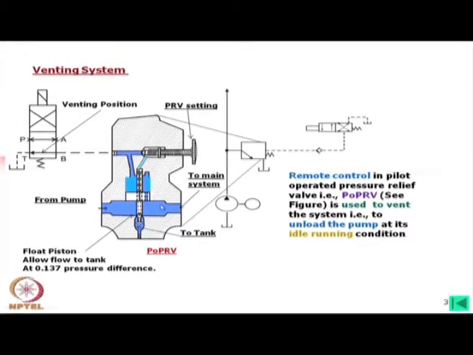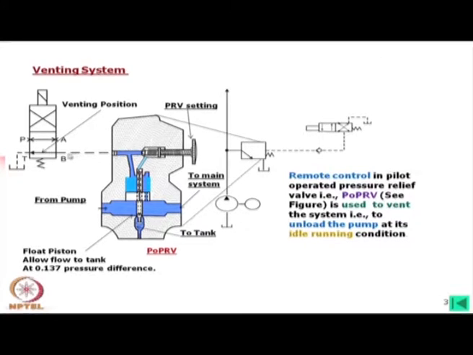Now, how are we doing the venting? When we want venting, a remote control actuates this one, then this opens. So the venting position opens. Now, this venting position opening means the oil starts flowing there, but this is not open.